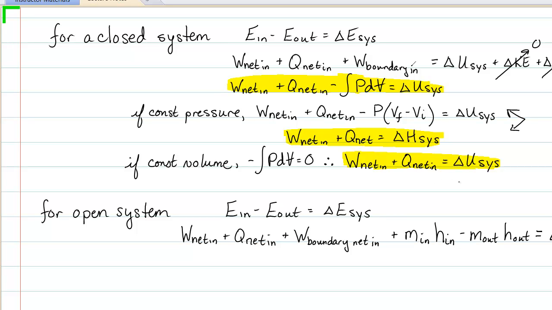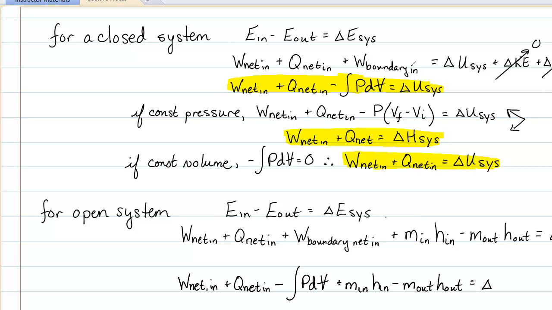This would then equal the change in internal energy of the system plus the change in kinetic energy plus the change in potential energy of the system. Often these two are 0. Simplify that out. We can write out the boundary work as PdV work, and then we have the fluid coming in, the fluid leaving, and that equals the change in internal energy of the system.